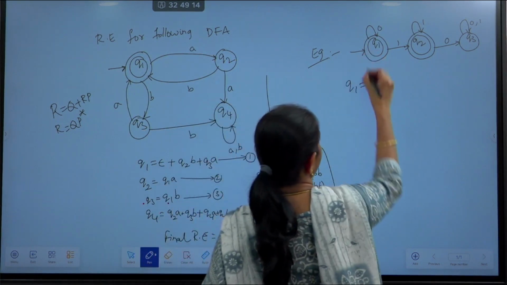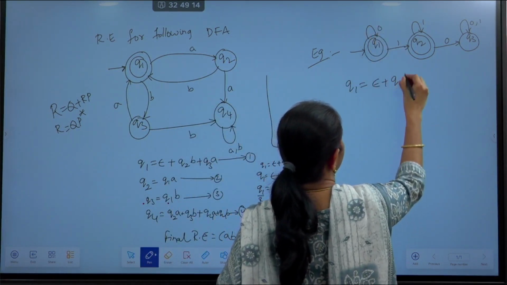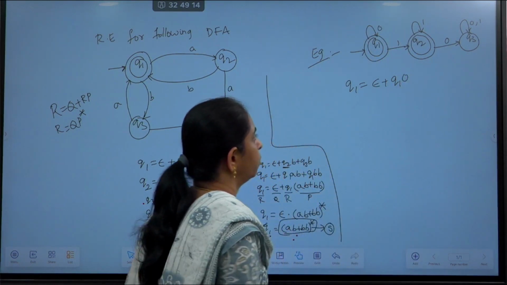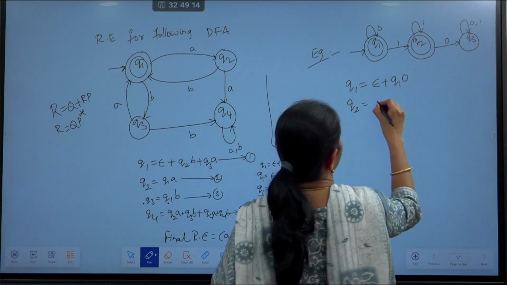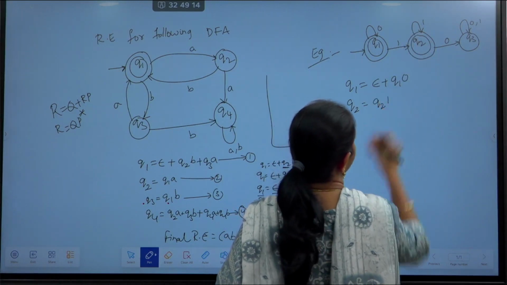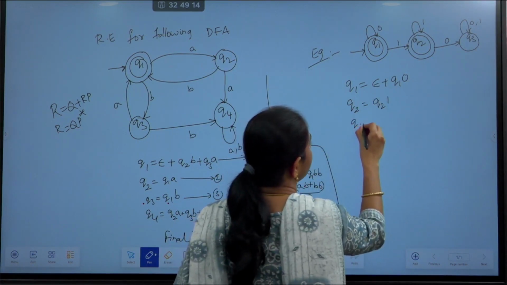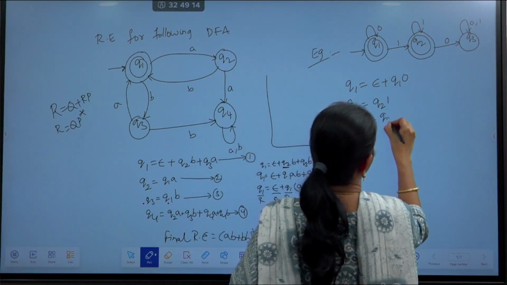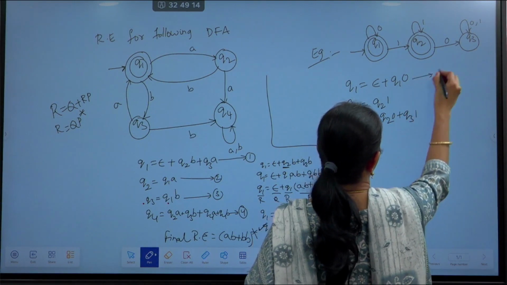For Q1 we have epsilon and one more incoming edge, Q1 0. Next, for Q2 we have Q2 1 as one incoming edge. For Q3 we have two incoming edges, Q2 0 and Q3 1. Write the equation numbers.